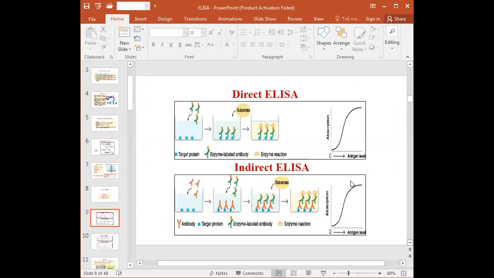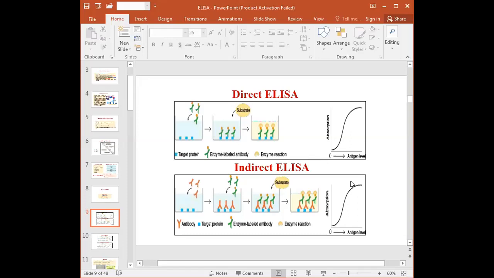In the case of direct ELISA, first we coat the microtiter plate using the unknown sample, or better to say, using the antigen. Then we add the primary antibody tagged with an enzyme.